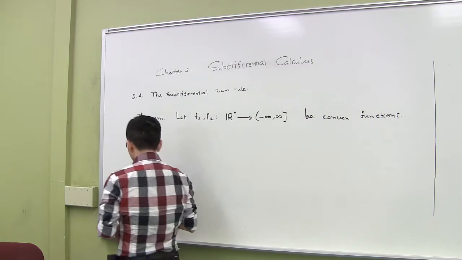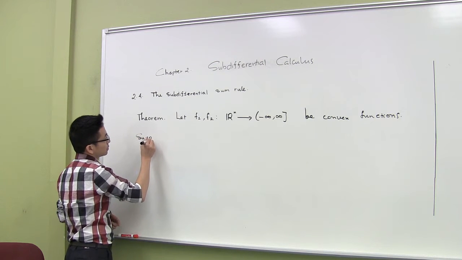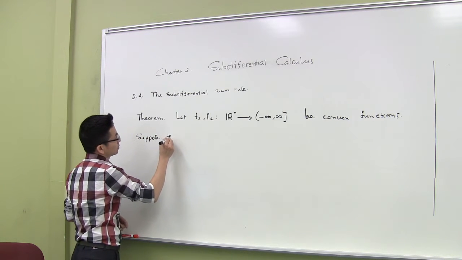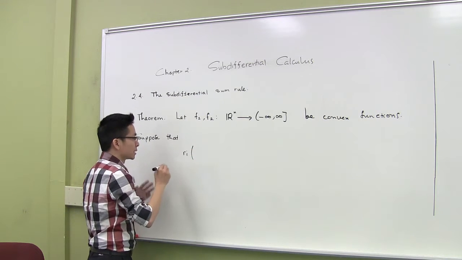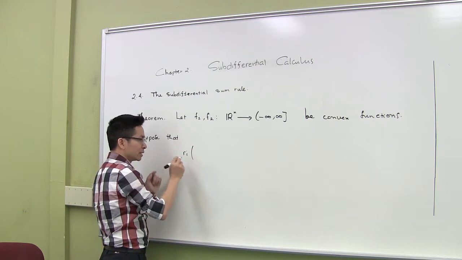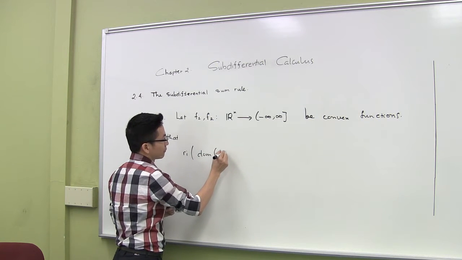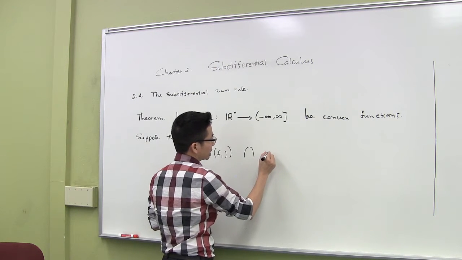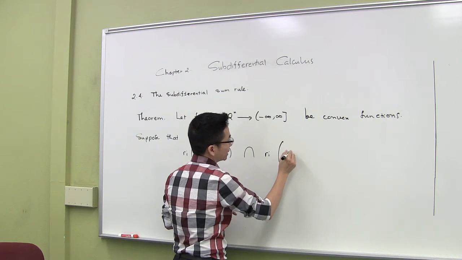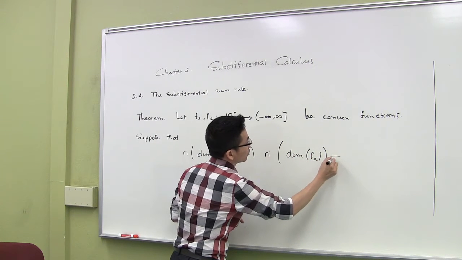And we suppose the following condition. Suppose that this intersection, the intersection of the relative interior of the domain of the function f1 and the relative interior of the domain of the function f2, is non-empty.